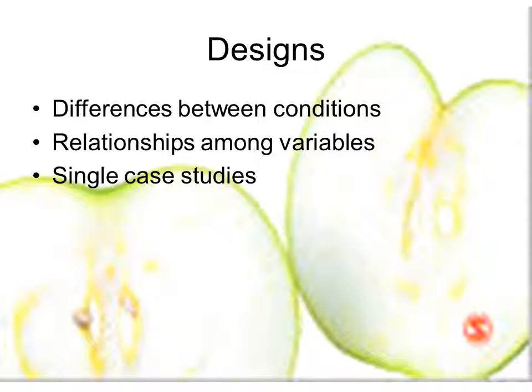So when we look at research designs, we are going to look at different methods that can be used to actually measure what we're setting out to measure in our hypothesis. Now, within this class, we're not going to get very deep into research designs, because you are going to have another class within the Allied Health program called Research Methods, and they're going to talk a lot about different designs.